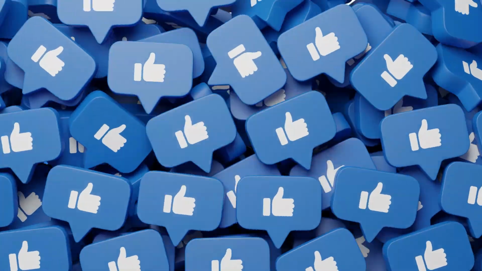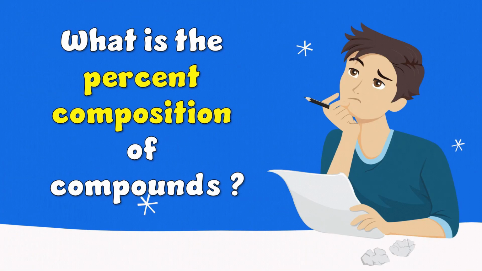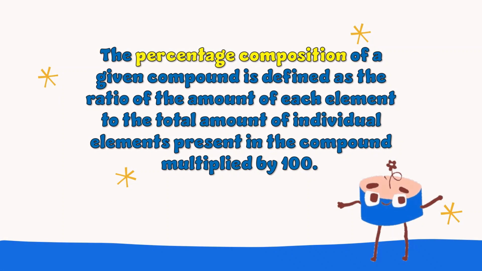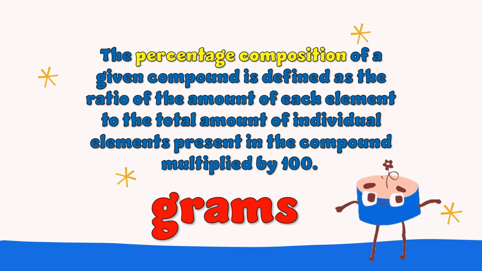But what is percentage composition? The percentage composition of a given compound is defined as the ratio of the amount of each element to the total amount of individual elements present in the compound multiplied by 100. Here, the quantity is measured in terms of grams of the elements present.